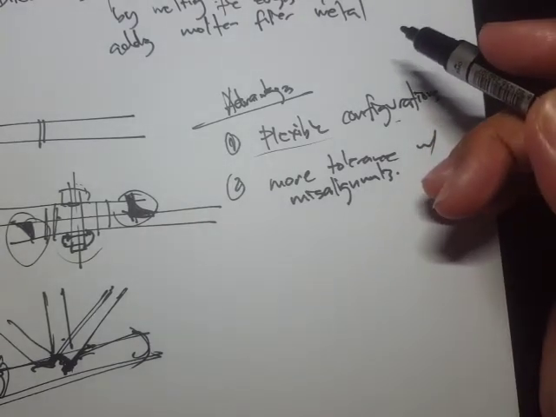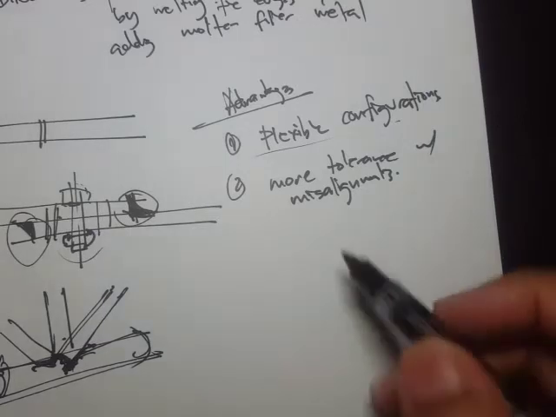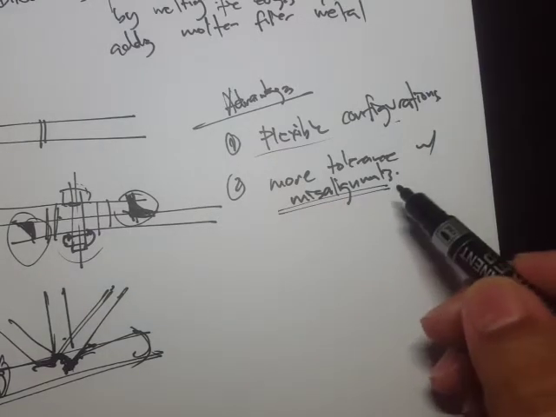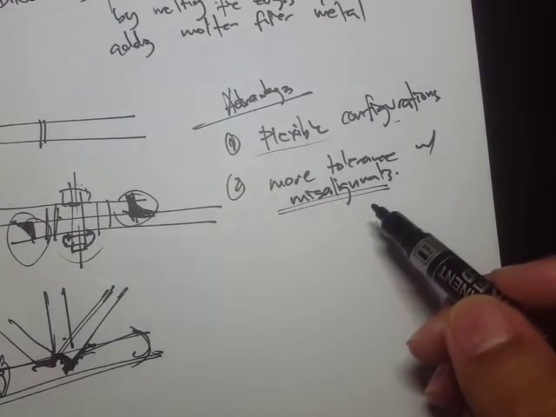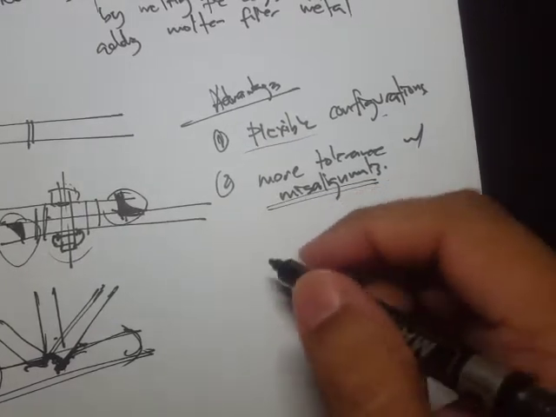Whereas for bolted connections, you have to take care of the misalignments. You have to be more accurate, more precise.